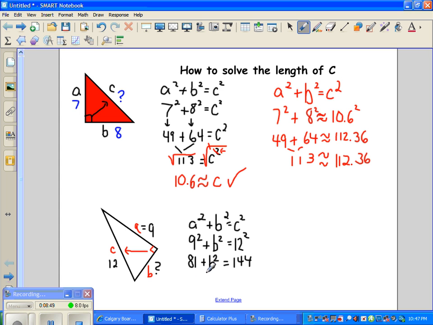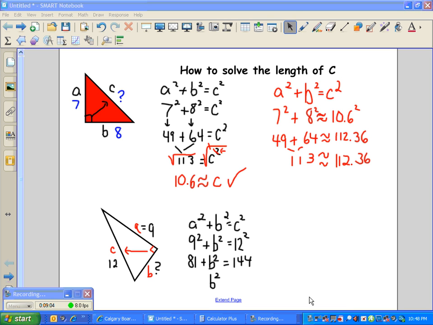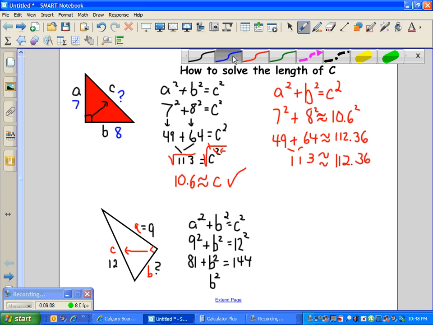Now here's where we have to do a little extra algebra. In algebra, we always try to get the letter alone on one side. So right now, we want B squared to be alone. To do that, we need to cancel the 81.